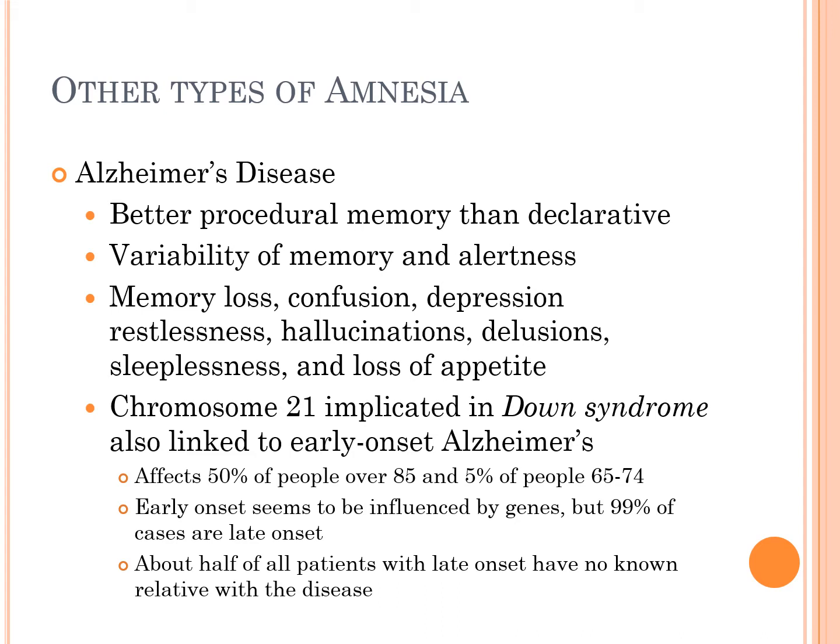But about half the patients with late onset Alzheimer's have no known relative with the disease. And we're not sure completely about the genetics of what's going on there, but it does not appear to be very genetically influenced. It looks like there are lots of epigenetic effects. I mean, it's genetic, but there's a lot of influence of environment.